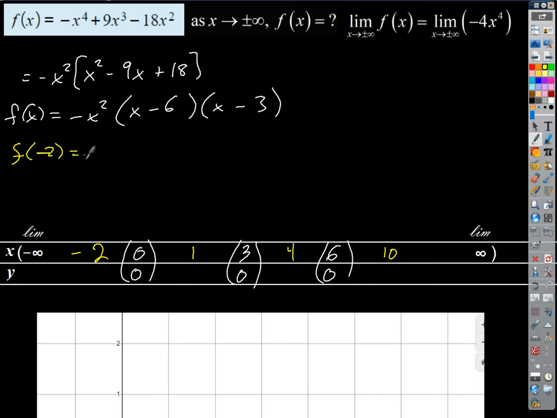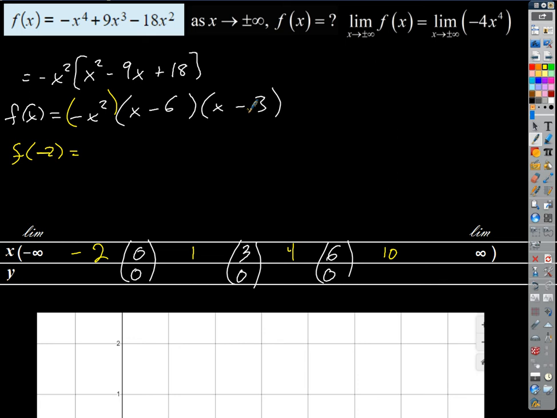f of -2 equals, and remember for this part, we don't need to figure out what the exact number is, we just need to know what the sign is. Here's where having it in factored form is really useful, because we can break this thing up into just 3 factors. We'll figure out the sign of each individual factor at -2, and then find the sign of the product of those signs.